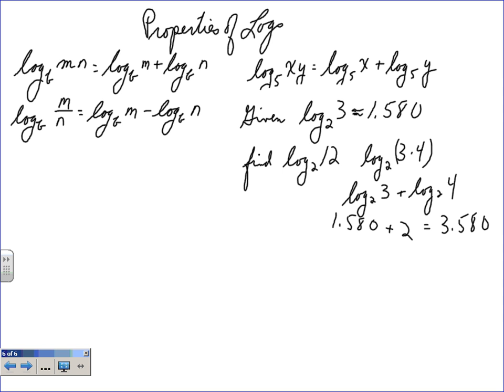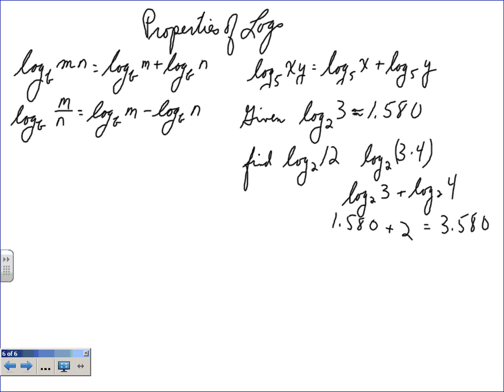That means if I take 2 to the 3.580 power, I'm going to get 12, or close to 12. So that might be one of the ways that we can use that. Follow that?